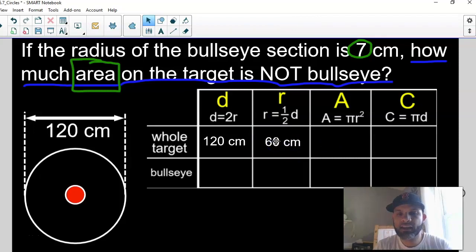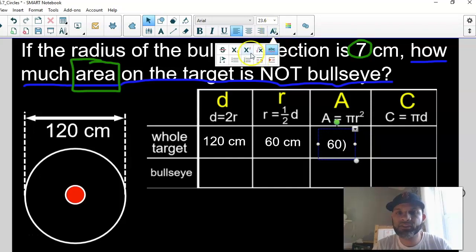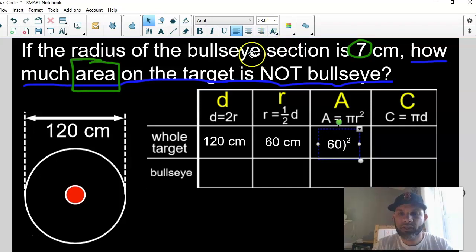Okay, now let's talk about the area. Now, the area is pi times the radius squared. So this radius is going to be multiplied by pi, and it's going to be squared. So pi times the radius 60 squared.